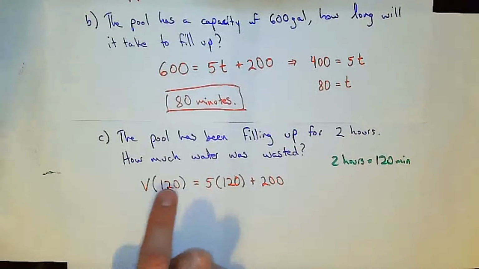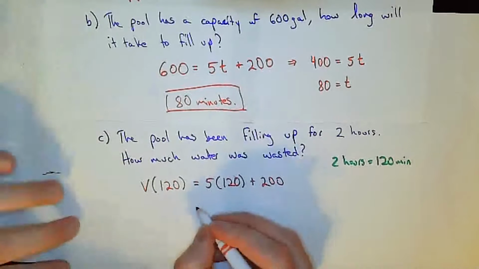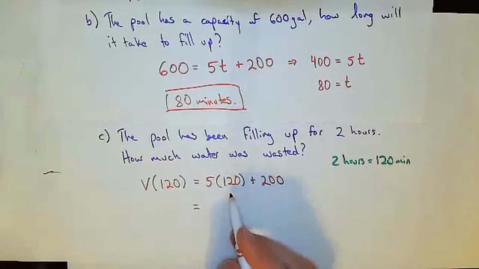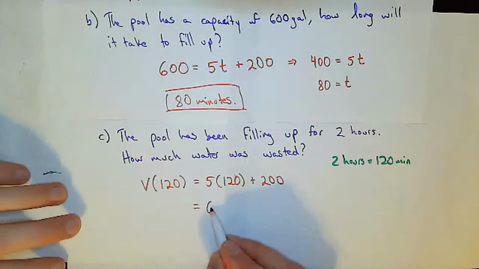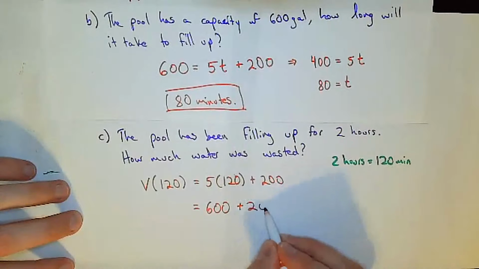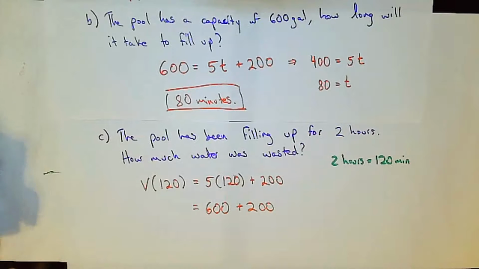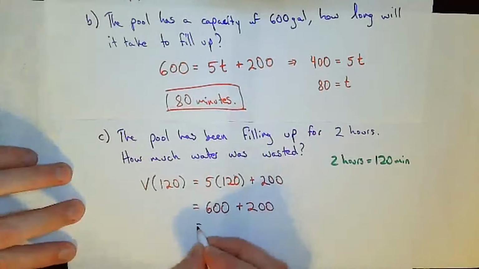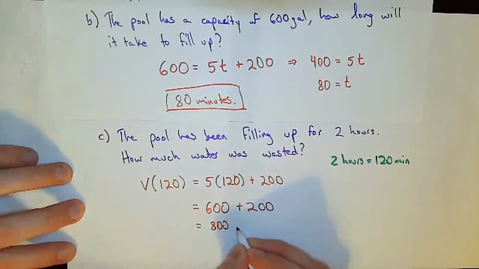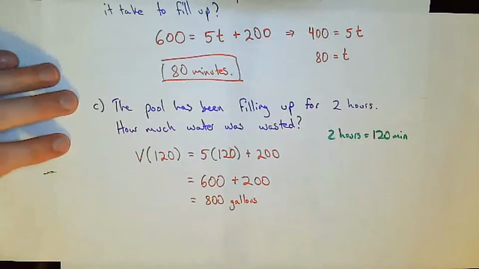And bear in mind that this is just a little placeholder for the output that this is going to give me. So order of operations here, I'm doing 5 times 120 first, which is going to be 600. And that's giving me 800 gallons. That's not the answer to the question, though.